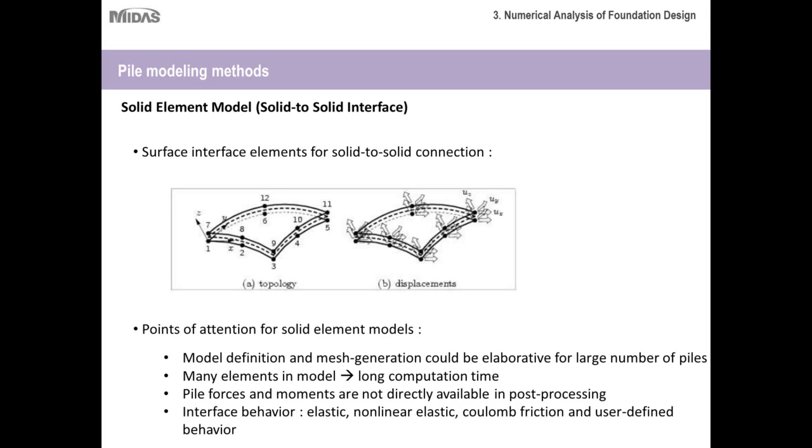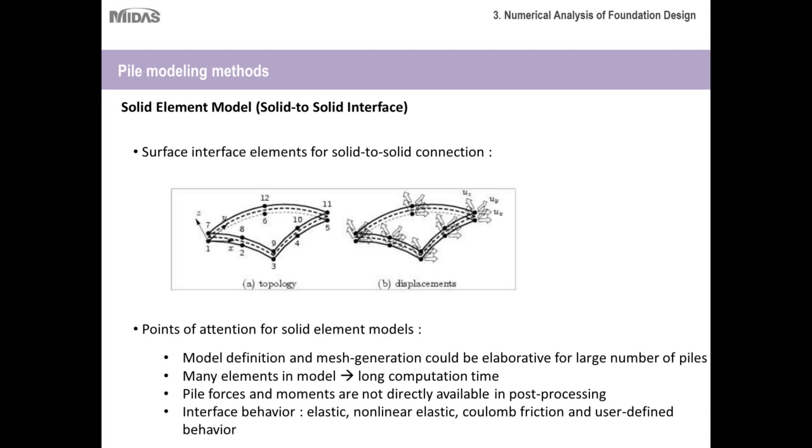And at the end of the analysis, since everything is in solid, when you look at the results, you always get stress values. So pile forces and moments are not directly available. You first end up with stress values, and from the stress values you have to compute the structural forces.